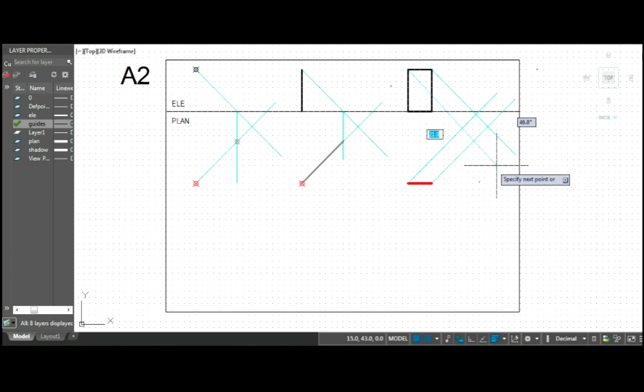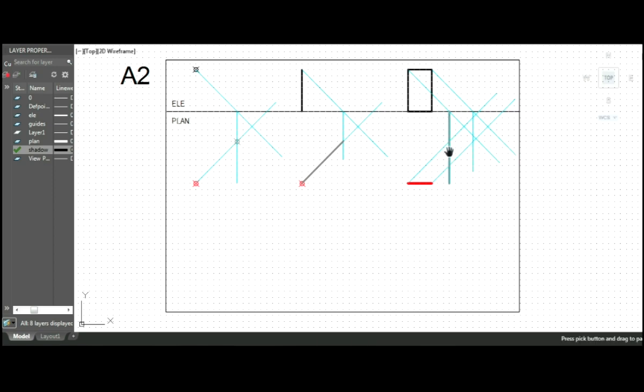So at the intersection of these light rays with the ground line, we should draw a vertical line down such that it intersects with the light rays in plan. So the points where the vertical line intersects with the plan of the light rays is the shadow.